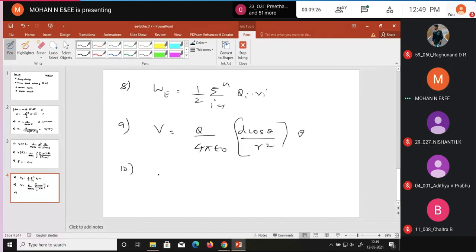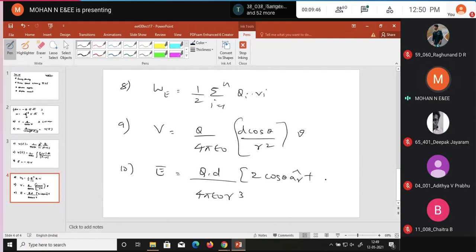And the electric field due to the dipole, that also we have discussed, that is Qd by 4 pi epsilon naught r cube, into 2 cos theta ar cap plus sin theta a theta cap. This is the electric field due to an electric dipole.